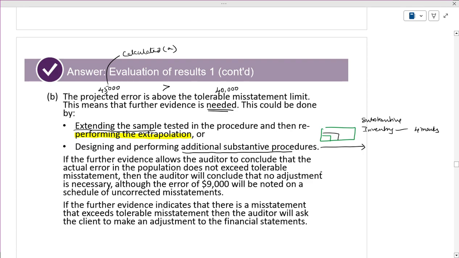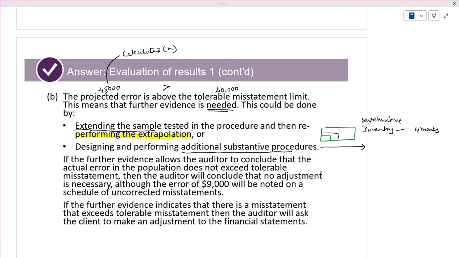Then you have to write 4 procedures in sequence. But here we are not writing any substantive procedures. We are just evaluating the results. Only the test of details concept we are explaining.